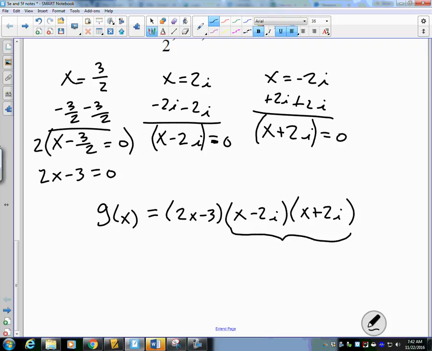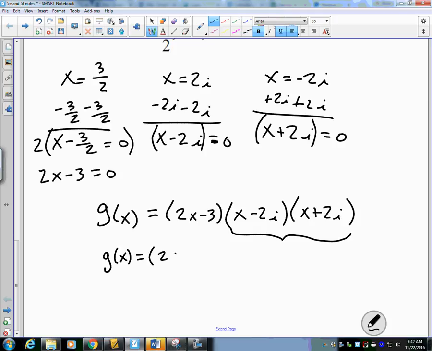It's the commutative property of multiplication, which factors you multiply together first. You don't have to multiply left to right. You can multiply any you want. The reason why I'm multiplying these two is because they both have imaginaries. And I'm hoping that by multiplying them out, the imaginaries will go away. I can simplify a little bit easier. So, we have g of x equals 2x minus 3.